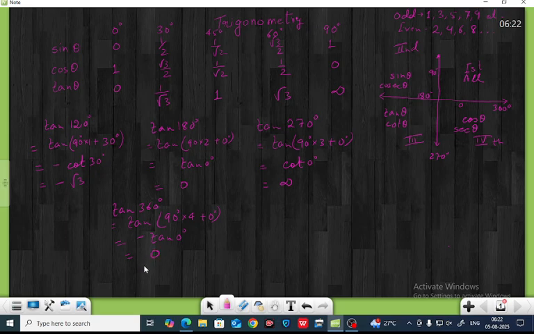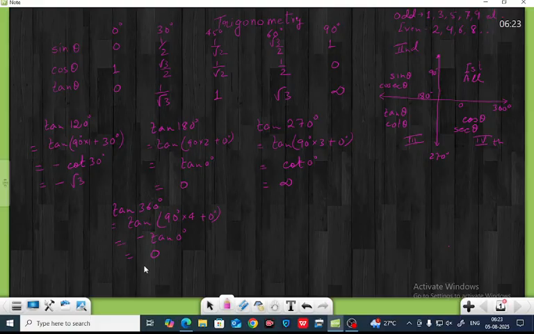Here you can find what we got for the value of tan. The value of tan 120 is minus root 3. The value of tan 180 degree is 0.